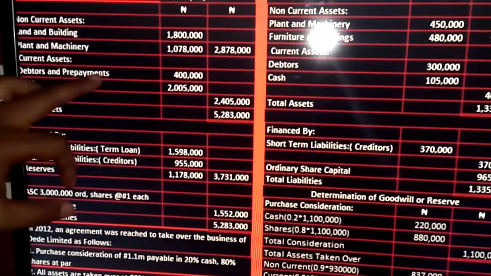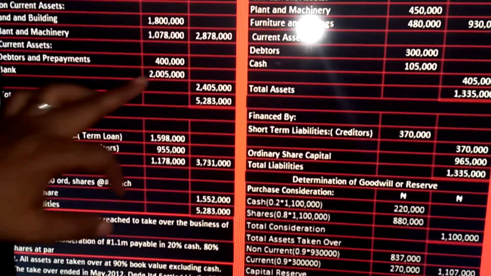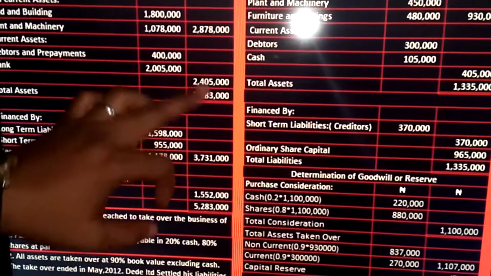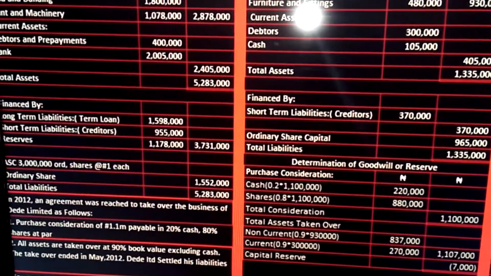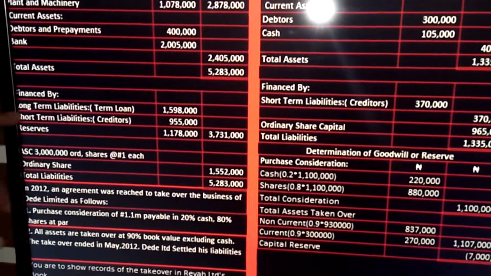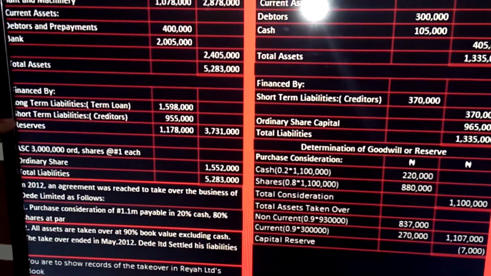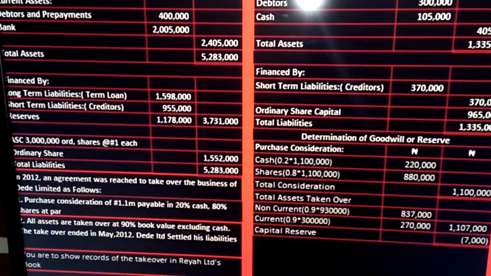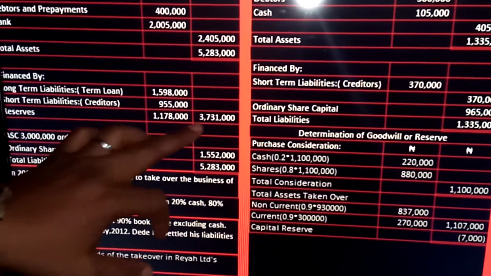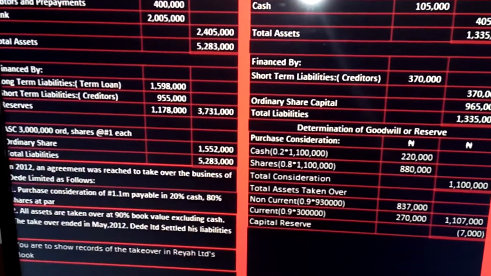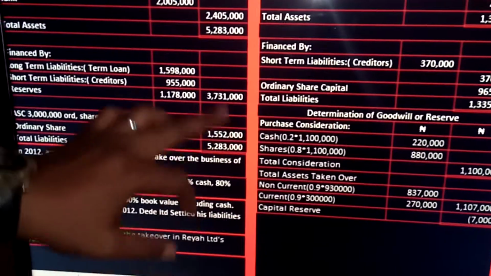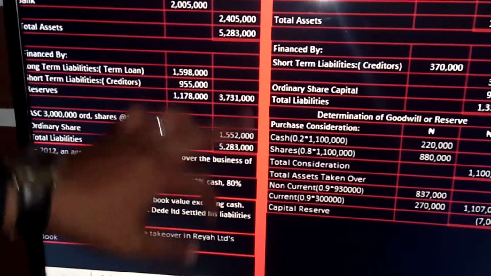Current assets: debtors and prepayment 400,000, bank 2,005,000. When you add all together, you have 5,283,000 as total assets. Financed by long-term liabilities, long-term loan 1,598, creditors 955,000, reserve 1,178,000. So we have 3,731,000. Ordinary share is 1,552,000. When you add together, you have 5,283,000.